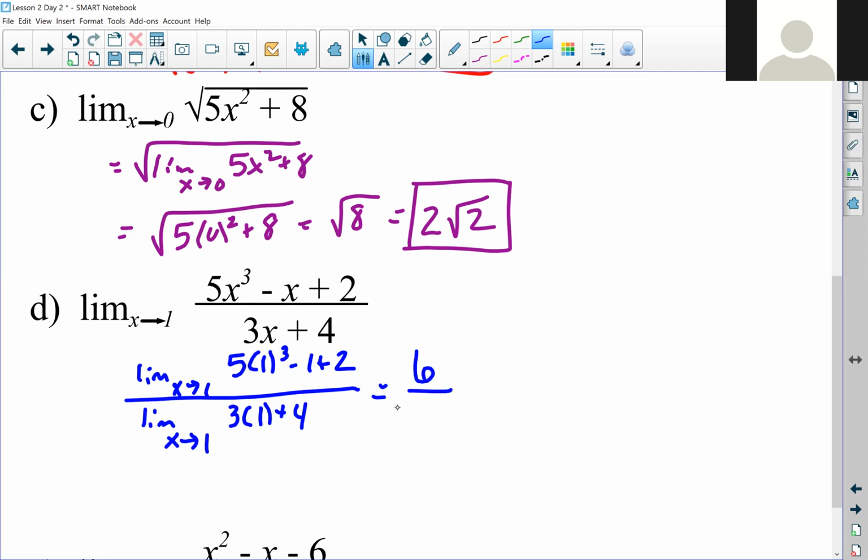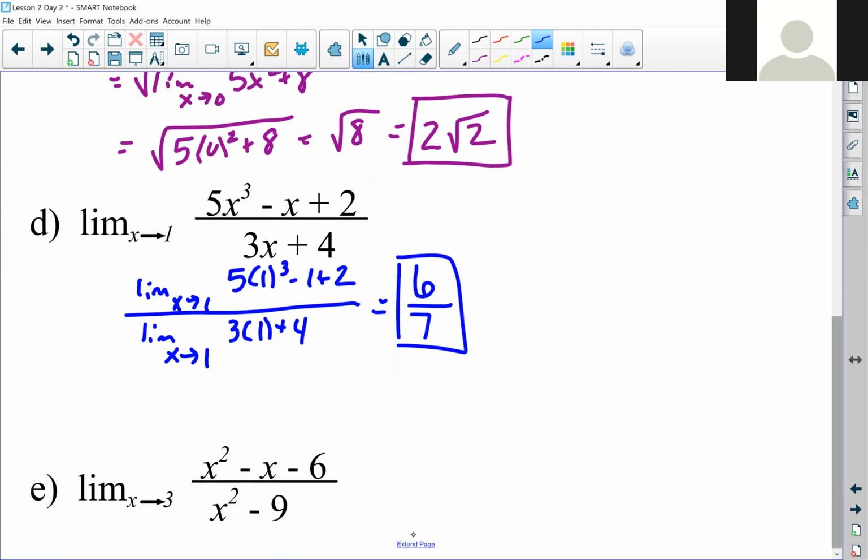And in the denominator, 3 times 1 is 3, plus 4 is 7. So if it works out so that the denominator is not 0, it's pretty easy.